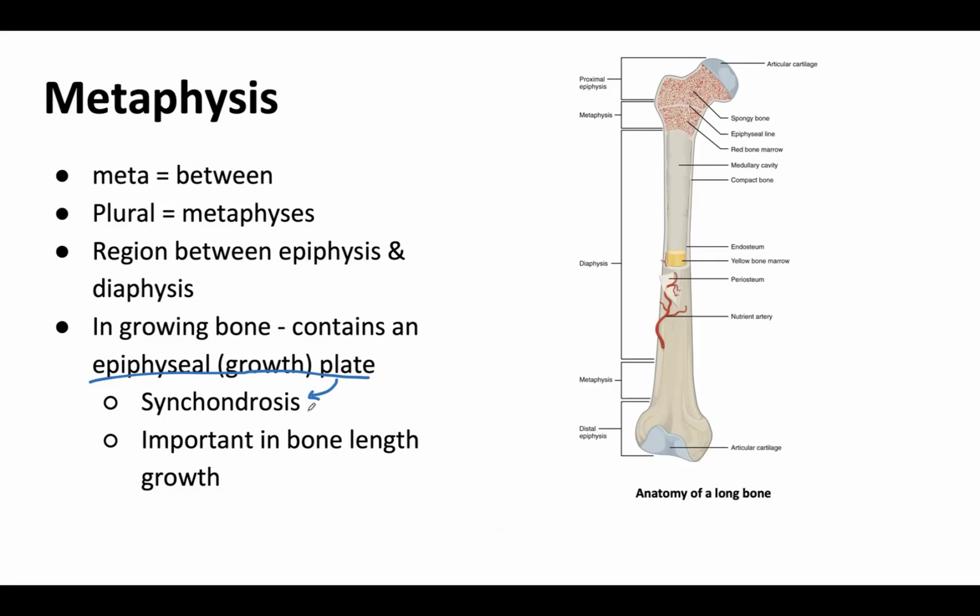Now, this epiphyseal plate is composed of hyaline cartilage and will actually grow to allow for bone length to occur. So you need the growth plate to grow before that can be replaced by bone. Eventually, all that cartilage will be replaced by bone, and at that point, the bone is no longer capable of growing in length.